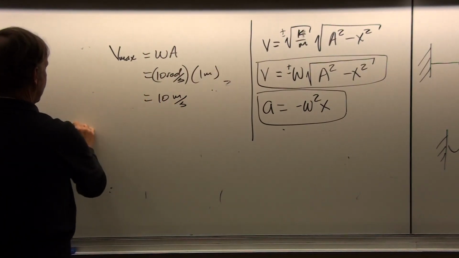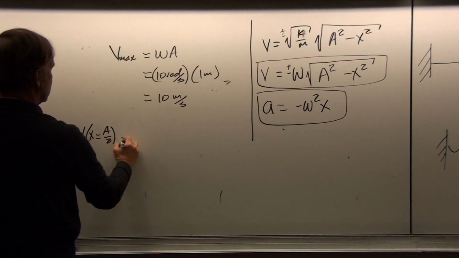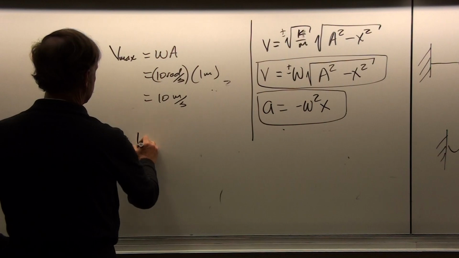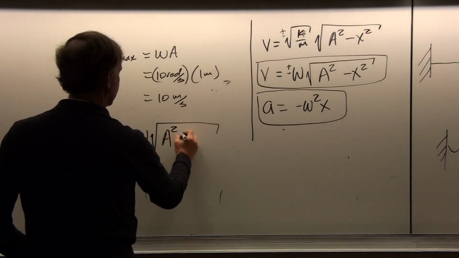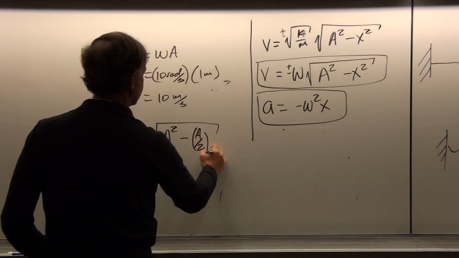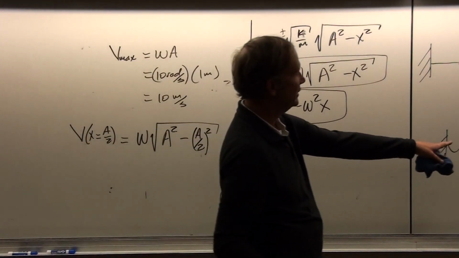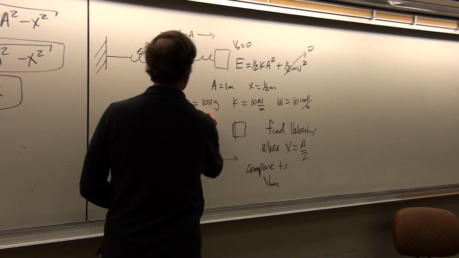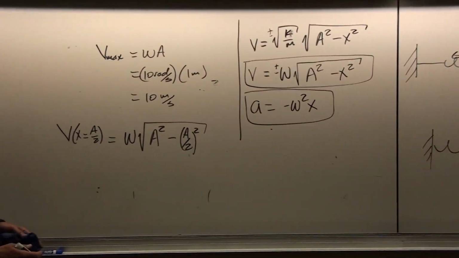And then V at x equals A over 2 would be plus or minus omega times the square root of A squared minus (A over 2) squared. Because here, at this point, where we want to know what the velocity is, this is v of A over 2, the velocity as a function of x at x equals A over 2.